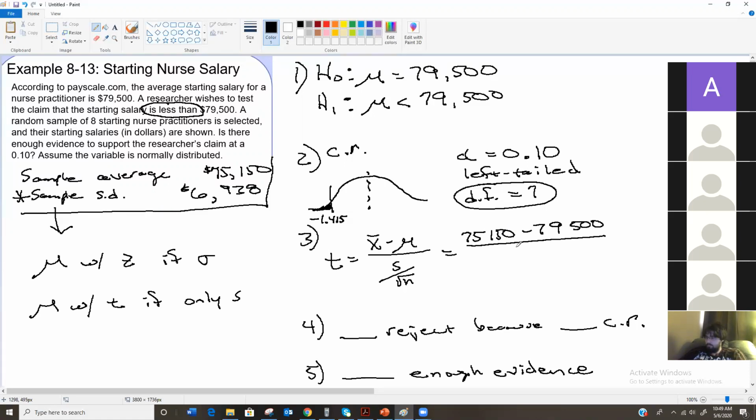And then the S is 6,938 over square root of 8. Yep, square root of 8. And I got the answer if you want. Okay, everybody go ahead and do it real quick, and then we'll compare. What'd you get, Leo? Negative 1.77.